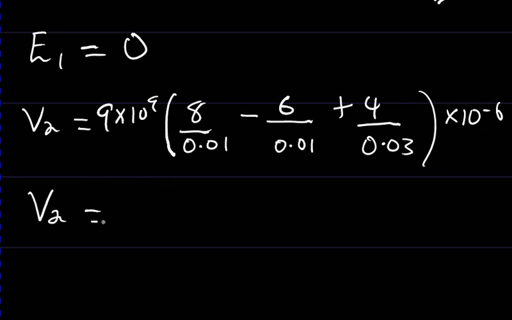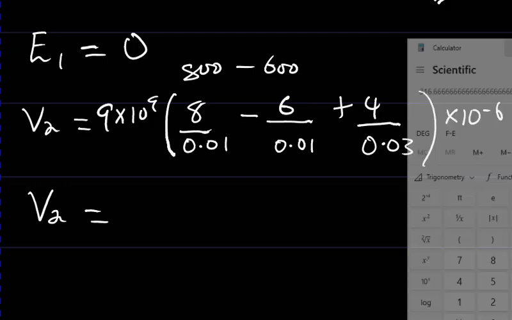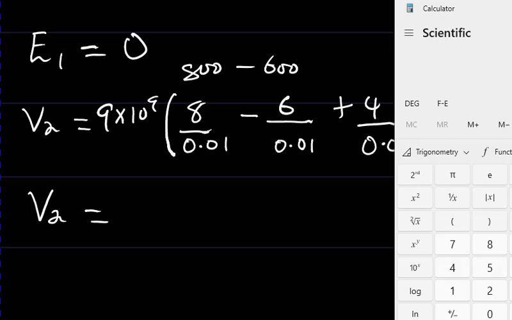So the second potential, V2, is going to be equal to, dividing this, 800 minus 600, then 4 divided by 0.03, that's 133.3, approximately 133.